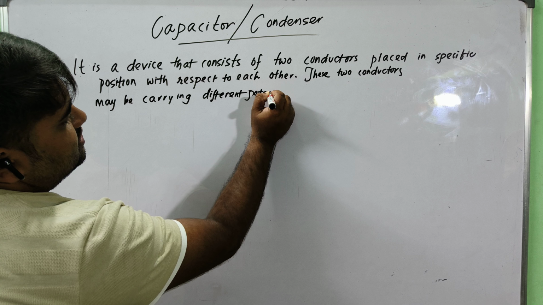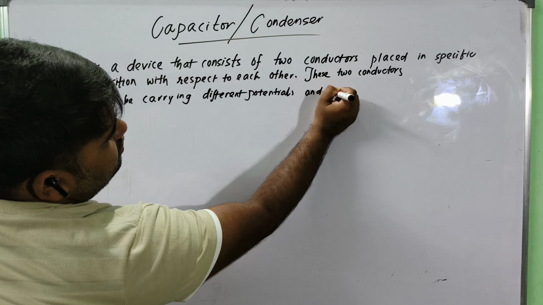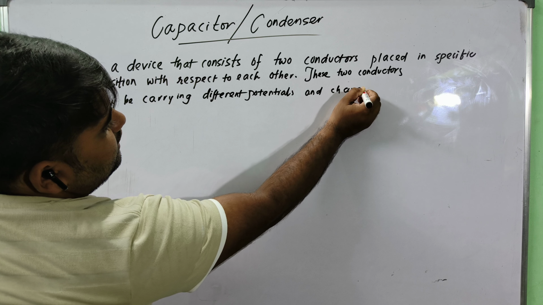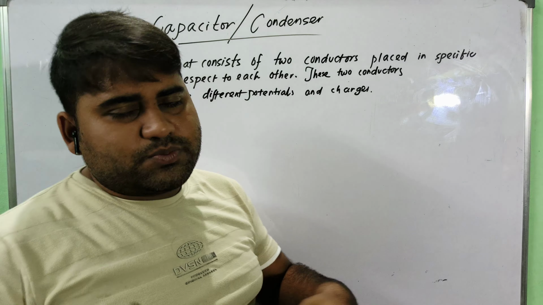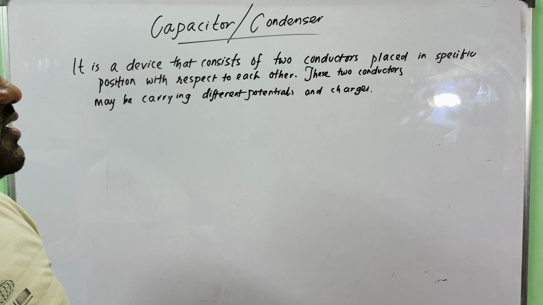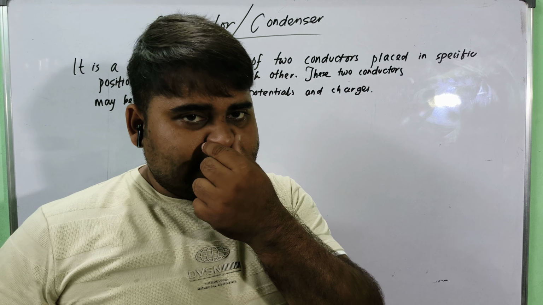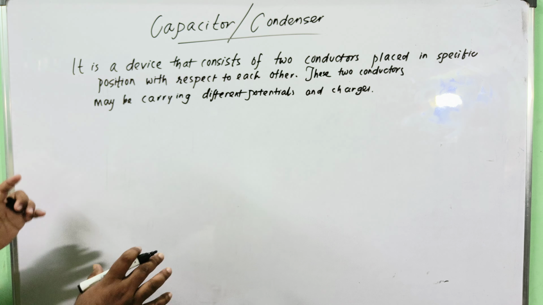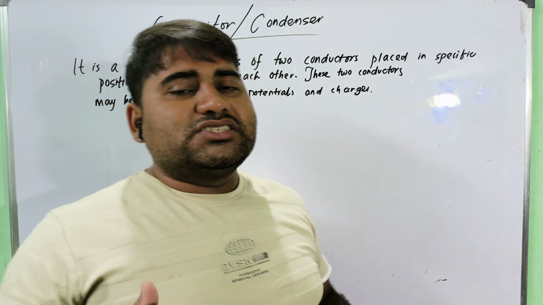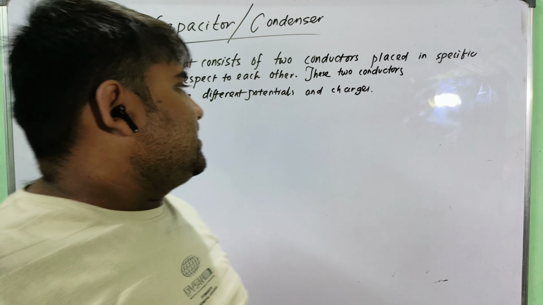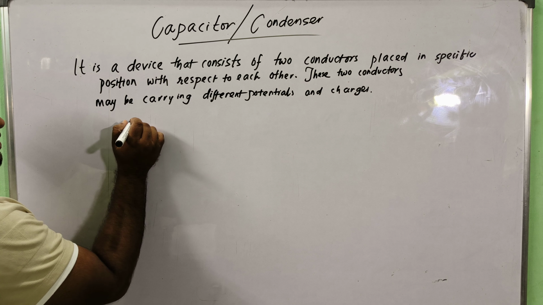So it is such a system that it consists of two conductors placed in a specific position with respect to each other, and these two conductors may be carrying different potentials and charges. Before going to the actual concept of a capacitor, we shall learn another concept, that is the capacitance of an isolated spherical conductor.